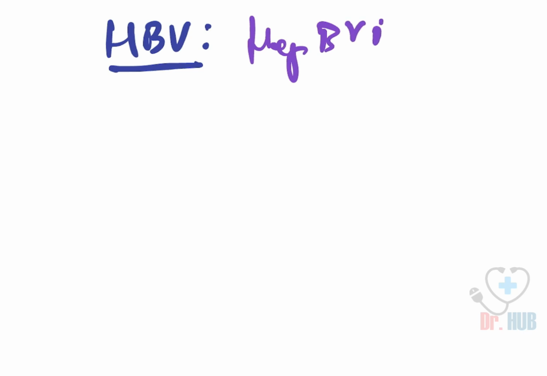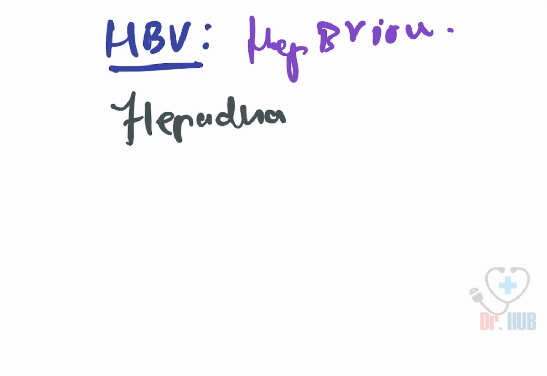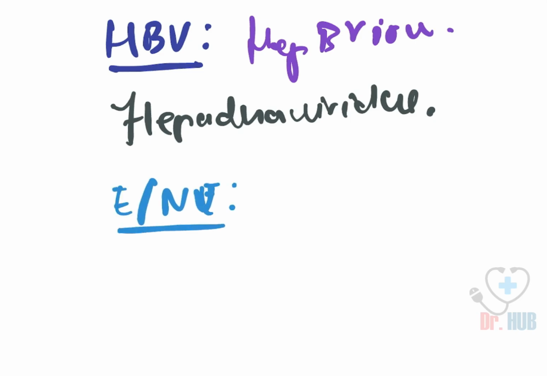Now we move on to the hepatitis B. Looking at HBV, the specific name being the hepatitis B virus. Looking at the family, it is the Hepadnaviridae. And is it enveloped or non-enveloped? The answer being it is enveloped.